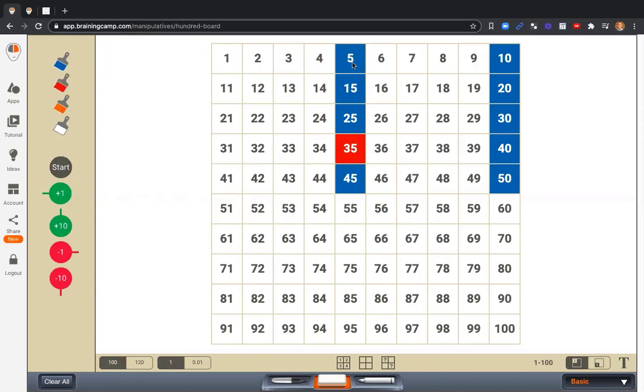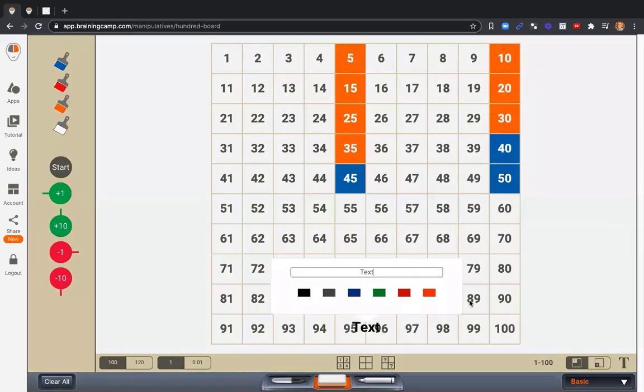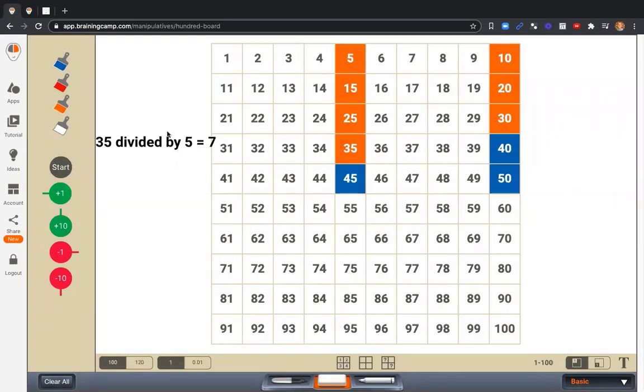Or, in other words, 35 divided by 5. I can make 1, 2, 3, 4, 5, 6, 7 groups of 5. 35 divided by 5 equals 7. Just like this.